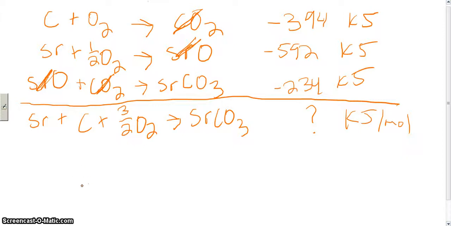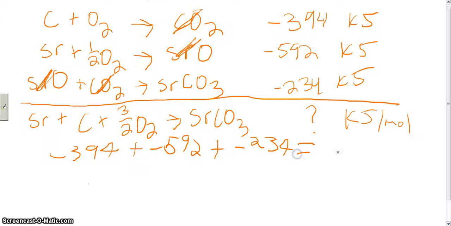Then we can add up the individual enthalpies, which is negative 394 plus negative 592 plus negative 234, which gives us negative 1220 kilojoules per mole. From this you can determine that the overall reaction is exothermic.